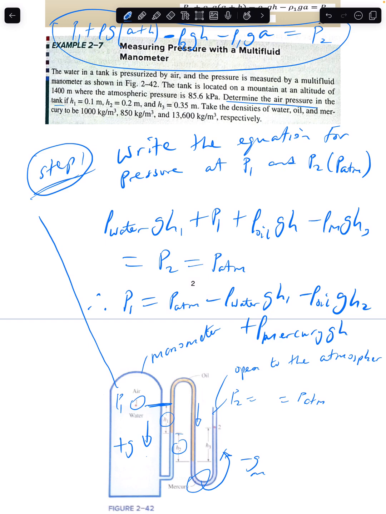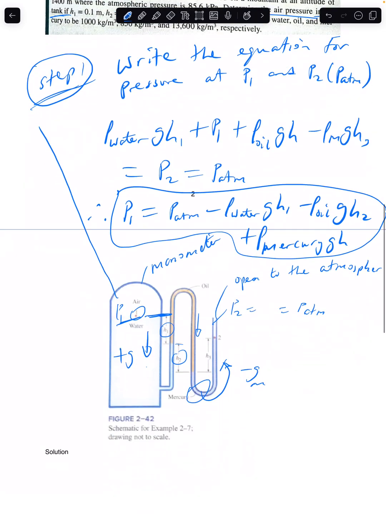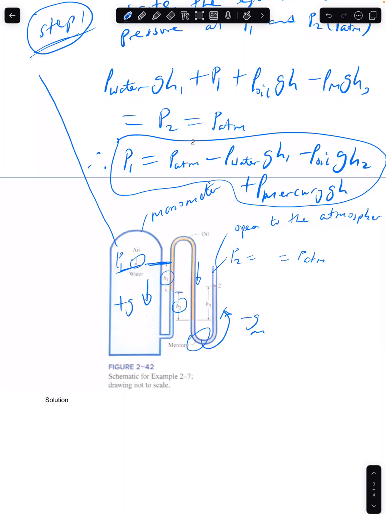So this becomes the formula for the pressure in the tank, which is P1.